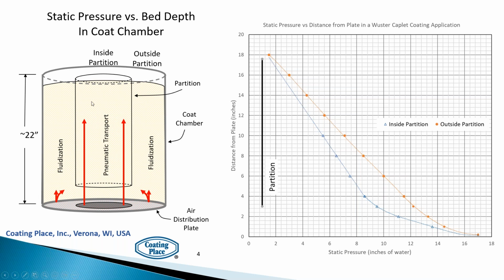And if we look at the coater diagram on the left, the area of pneumatic transport is up the center. The area of just fluidization or particle suspension is concentric to that fluidization zone. And the dynamics of this, what turned out to be an optimal process, is related to the spread of the spray nozzle, how far the spray droplets transport.